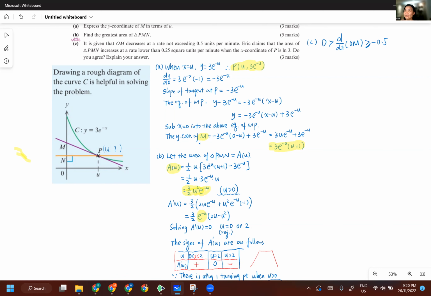But it's negative. So it's negative and not exceeding 0.5, meaning it's greater than negative 0.5. So the numerical part is smaller than 0.5, but the value of dOM/dt is greater than negative 0.5.